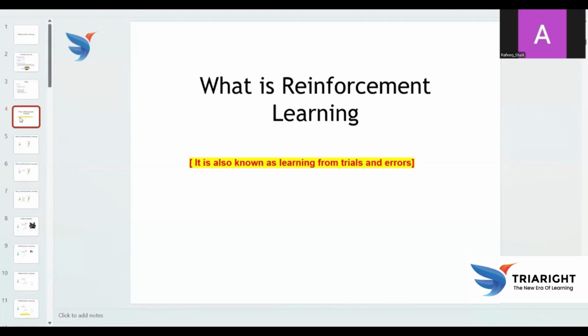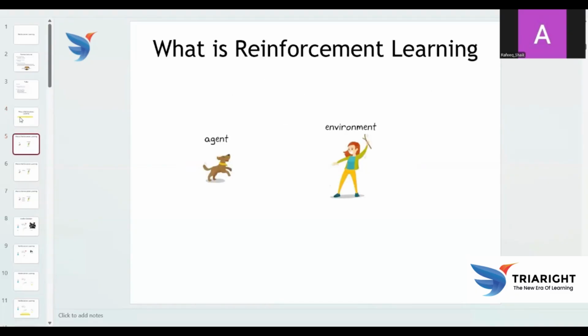Now I will show you some little examples for a better understanding of Q learning. Let us assume we have a reinforcement learning agent called a dog and an environment called the owner.